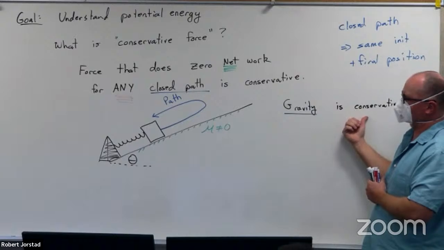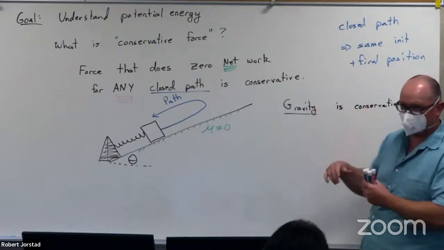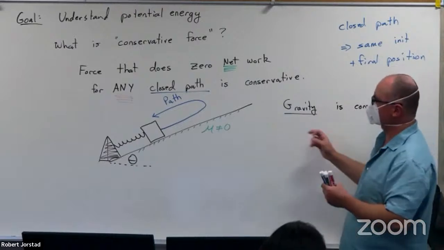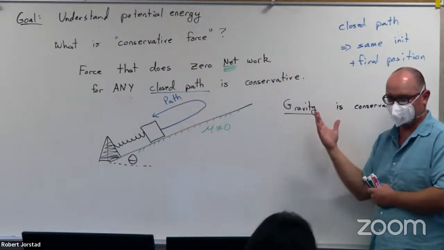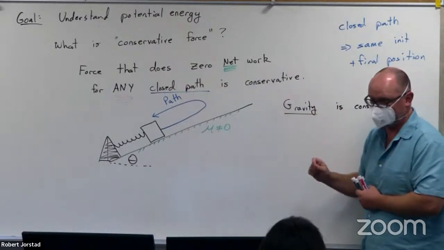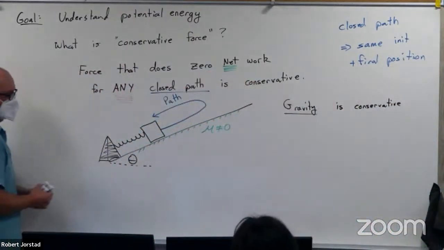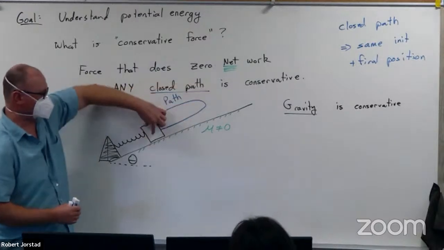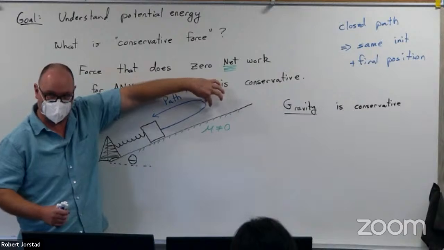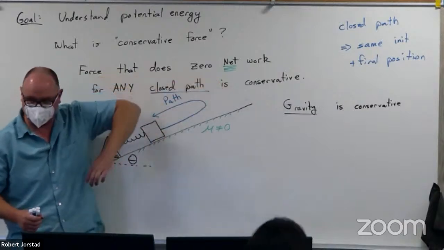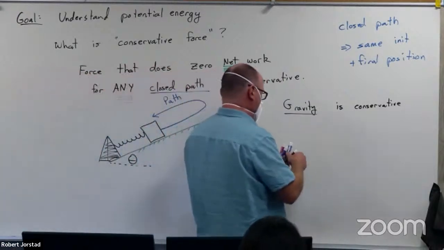This is going to be important because what it means is if you have a conservative force, instead of doing work done by gravity, we can rewrite it in terms of potential energy. So gravity is one of the forces we can stop doing all that integral work. All right, good. How about the spring? When I pull this block up, does the spring do positive or negative work on the way up? Negative. On the way back down? Positive. And I guess you would probably believe me if I told you it's also conservative, right?